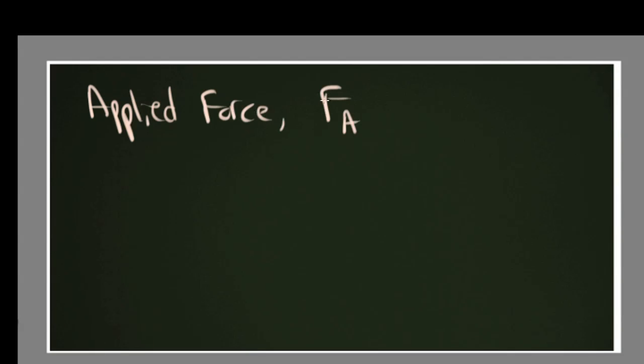Okay, let's review all the key forces that we've had. We had applied force, those forces that are put on objects, and that is F sub A. If we're using a rope or some kind of string that can get tight, we call that tension.